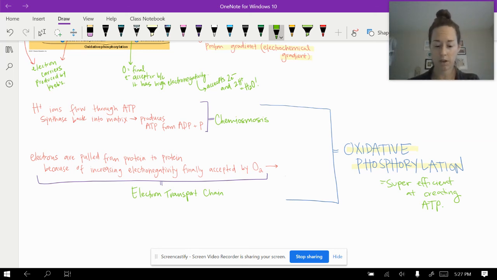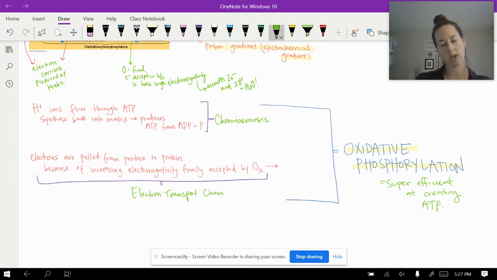So the electron carriers being produced in Krebs, the electron carriers can't be produced in Krebs if glycolysis doesn't produce pyruvate, and glycolysis can't produce pyruvate if you don't eat any glucose. So every step of the process depends on each other to work.